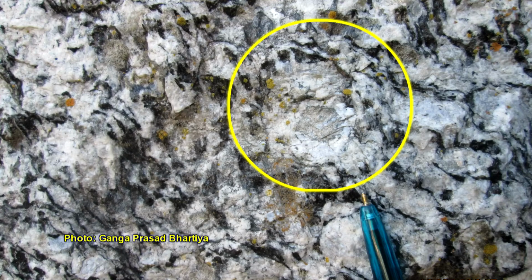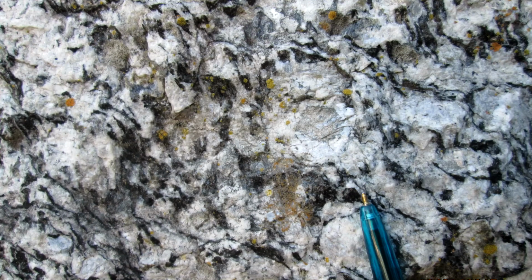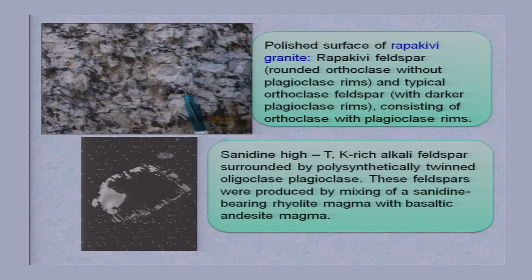These are rounded feldspar grains without plagioclase rims, and typical orthoclase feldspar with darker plagioclase rims. Some of the orthoclase have darker plagioclase rims. These are the darker plagioclase rims here. As a result, you get formation of Rapakivi texture.